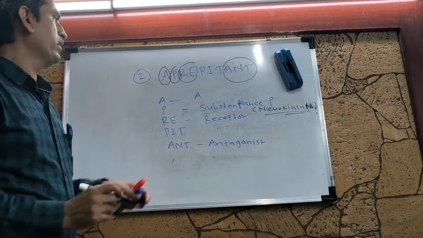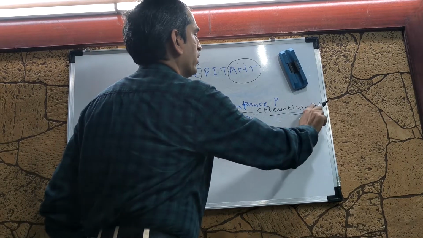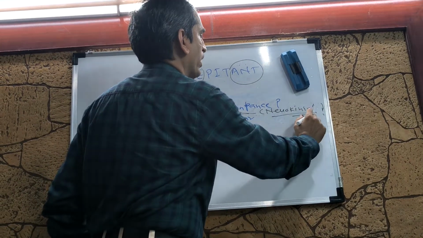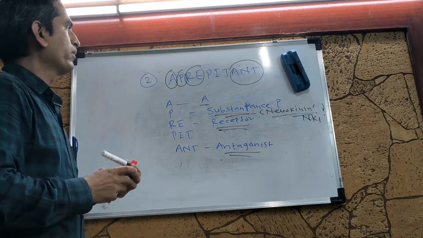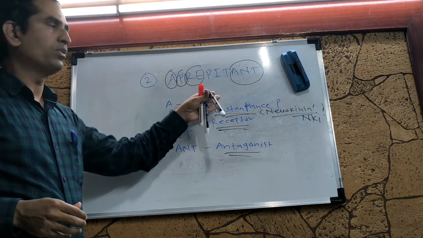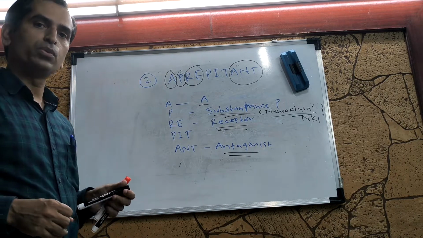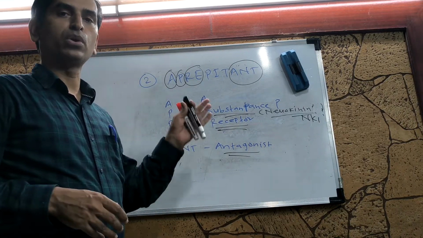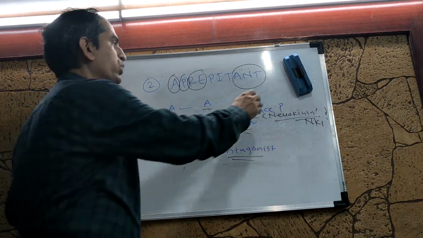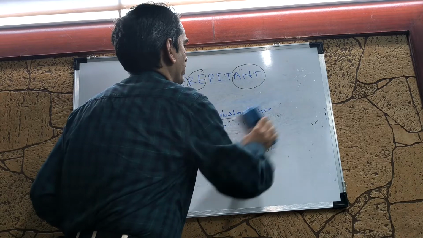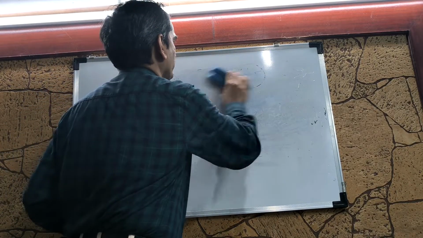So aprepitant is a substance P, also known as neurokinin NK1 receptor antagonist. Remember, aprepitant tells you the mechanism of action in the name itself. This drug is used for the treatment of chemotherapy induced nausea and vomiting and also postoperative nausea and vomiting. So in these two examples, the mechanisms are hidden in the name itself.